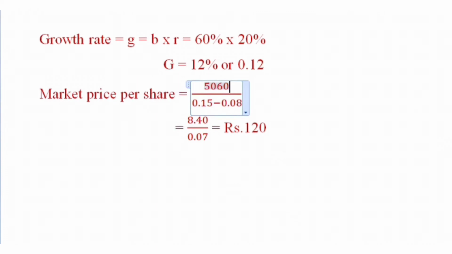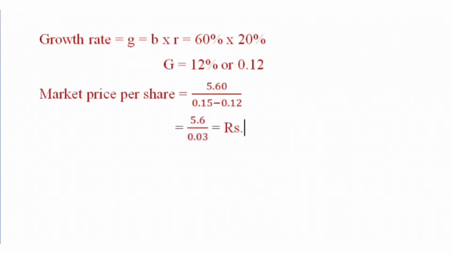The market price per share equals dividend per share, that is 5 rupees 60 paise, divided by 0.15 minus 0.12. So 5.6 divided by 0.03.